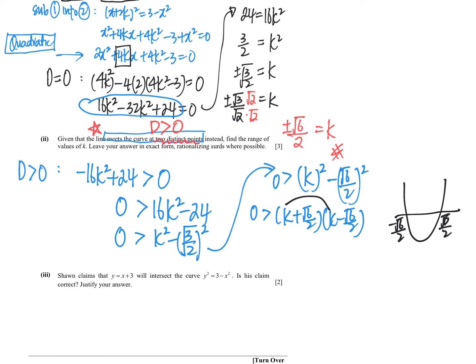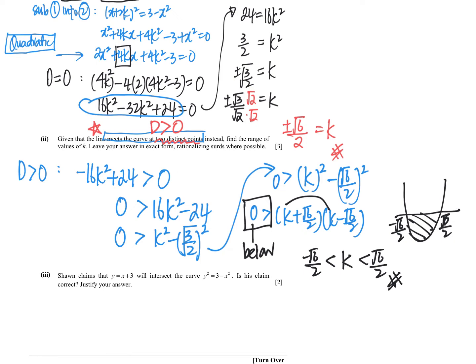Some of you will press the calculator, you get minus 1.22 and 1.22, right? But we want the exact value, so it has to be in surd form. I want the part of the curve that is less than 0, meaning below. So this is the part that I want as my solution. So my k must be between. So this is the answer that I need to see.